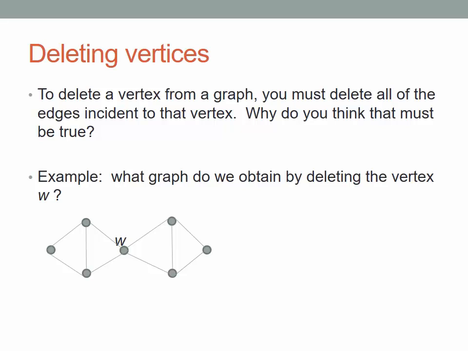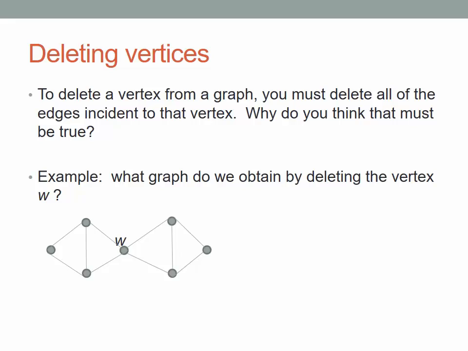When you delete a vertex from a graph, clearly what it implies is you remove the vertex. But what else must you remove from the graph? So consider the example below with the vertex W. If we delete the vertex labeled W, would we necessarily have to delete the edges that are incident to W?